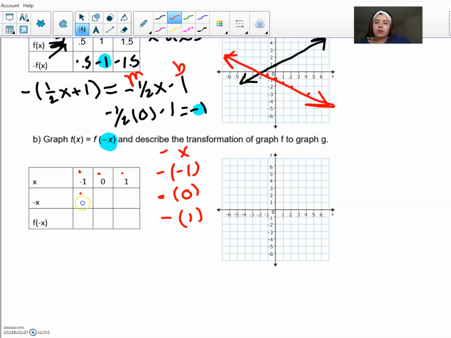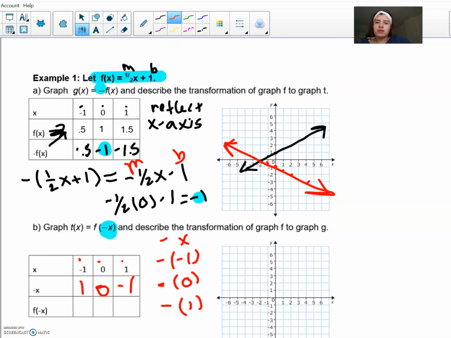So a -1 makes a positive, 0 stays 0, and 1 becomes -1. Okay, so now that we have our x's, we can plug those in, and we get 1 times 1/2 is 1/2, 1/2 plus 1 is 1.5. We plug in 0, we get 1. And then when we plug in -1, we get 0.5.